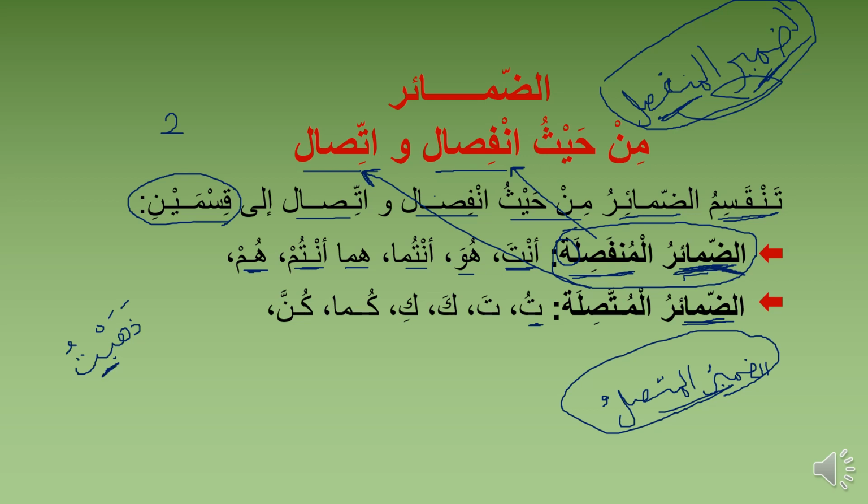This tu is connected with the last letter. It's connected with the last letter, you can see zahab is connected with the ba. We also have jalastu too. You can see the tu cannot be detached. It has to be attached with that verb or that noun or that preposition.